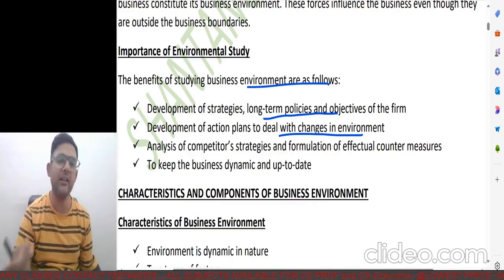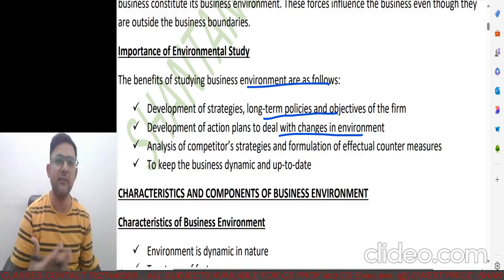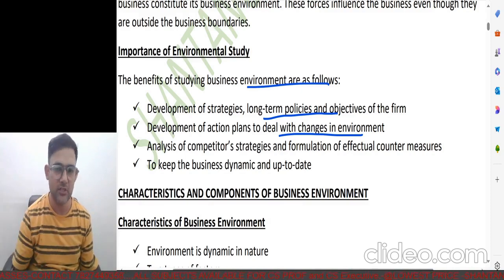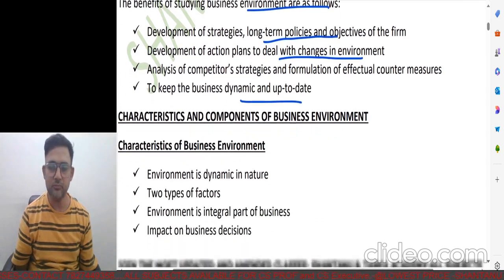Hardly any. So this is a close competition. They keep up to date with what is happening with the other, and accordingly decide and deal with the policy. And that is what environmental study is all about. You study what is going on, and then obviously frame policy, process, procedure, etc.